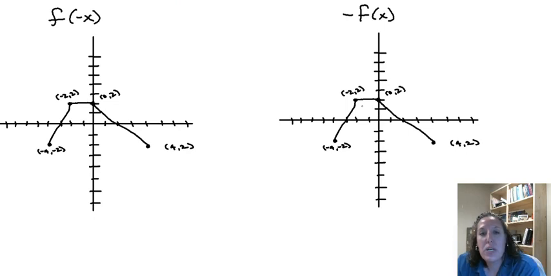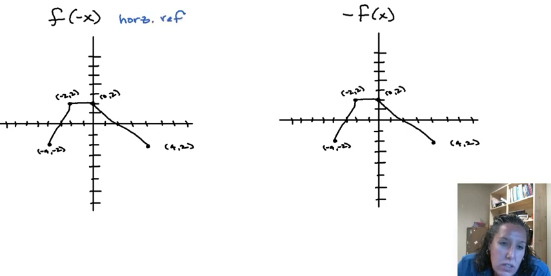All right, our last two examples here, we're looking at reflections. A negative on the inside means it's going to be a horizontal reflection. So that is where we're reflecting from one side to the other. So across our y-axis, instead of being at a -4, it's going to change that x coordinate to a +4.